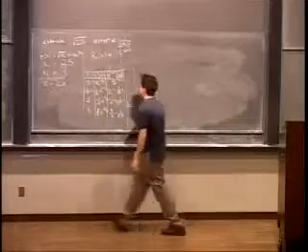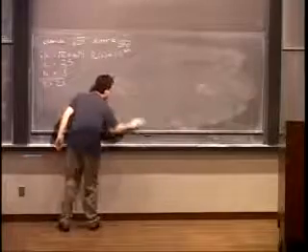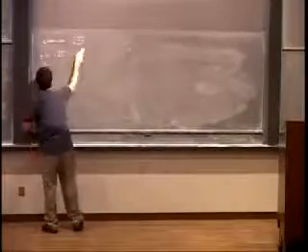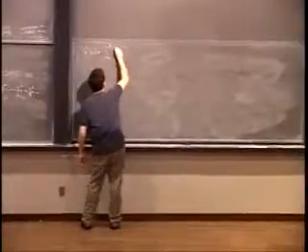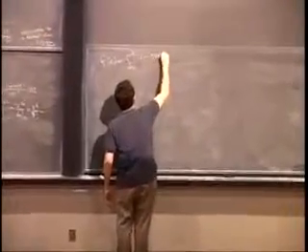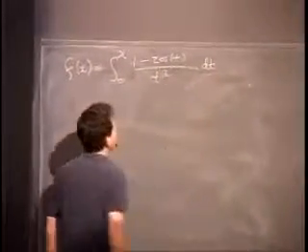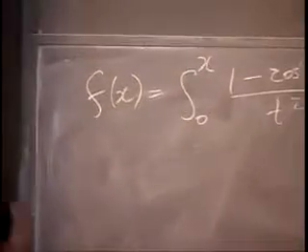I'm going to start with my f of x. Now I'm going to do something a little snazzy. F of x is the integral from 0 to x, 1 minus cosine t over t squared, dt. I'm going to replace cosine t with this series over here.